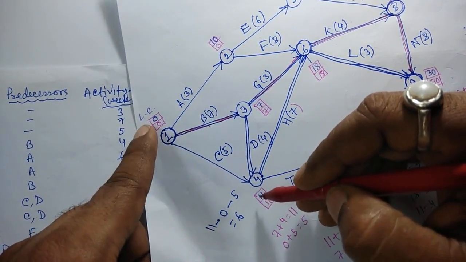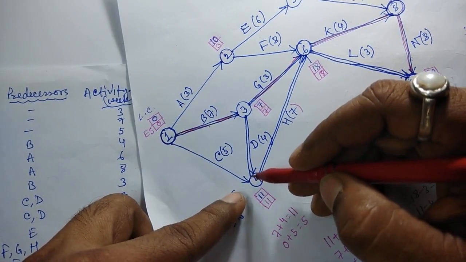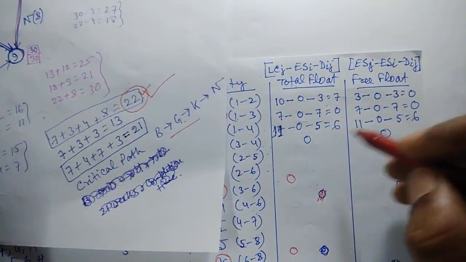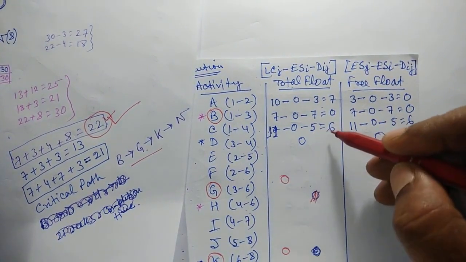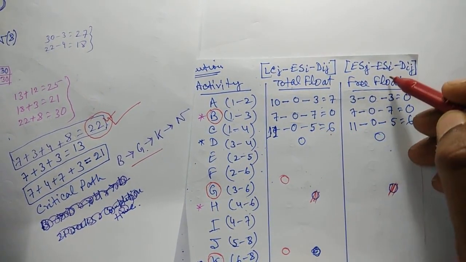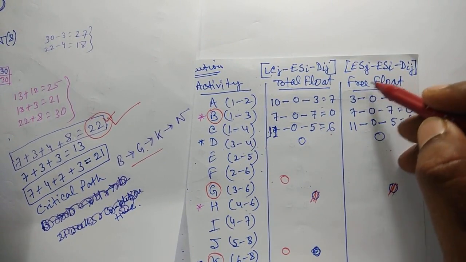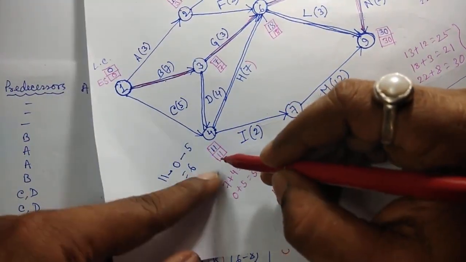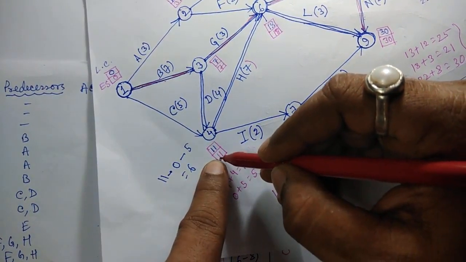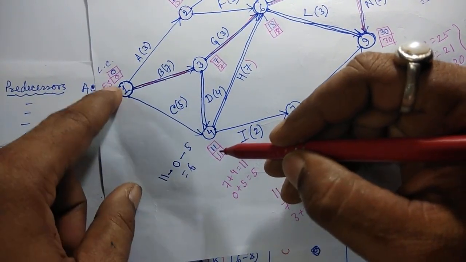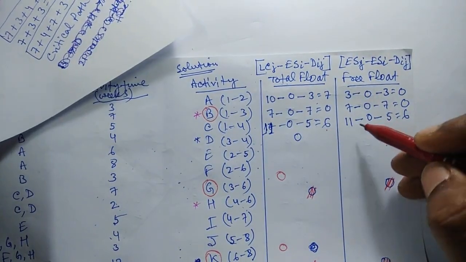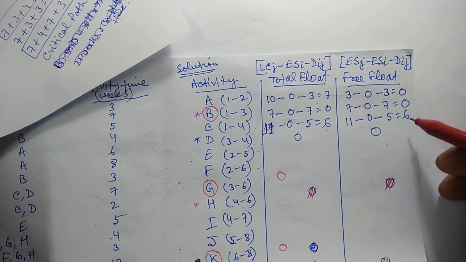So 11 minus 0 minus the duration, that is 5. 11 minus 0 minus 5 equals 6. For free float it will be ESJ, that is 11, minus ESI, 0, minus 5. 11 minus 0 minus 5, 6. It will also be 6.